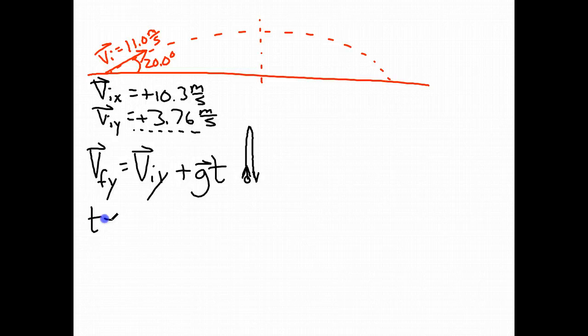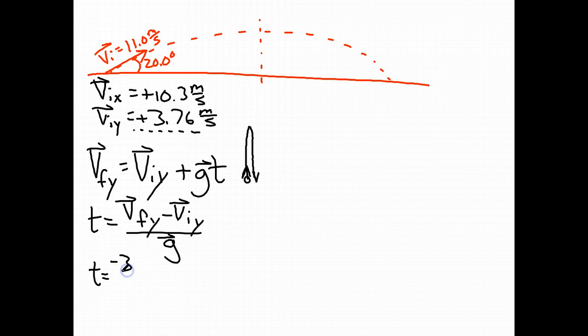So let's solve for time. VF, I subtract VI first, and I divide by G. I'm going to substitute my numbers in. Remember, negative 3.76 meters per second. That's where students make the usual mistake. Minus 3.76 meters per second.